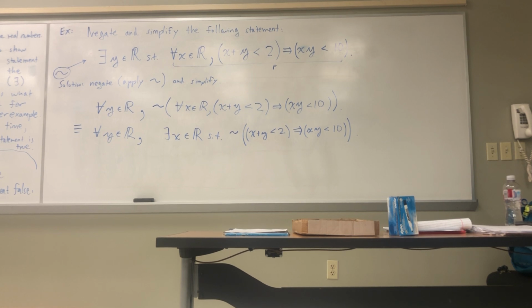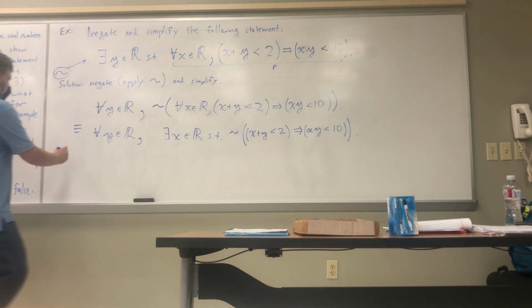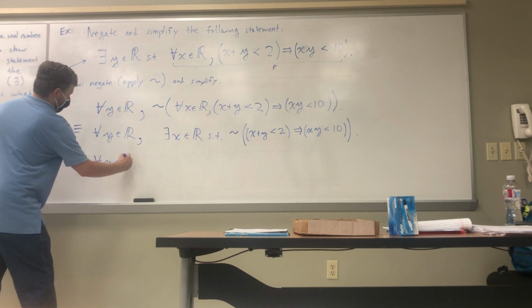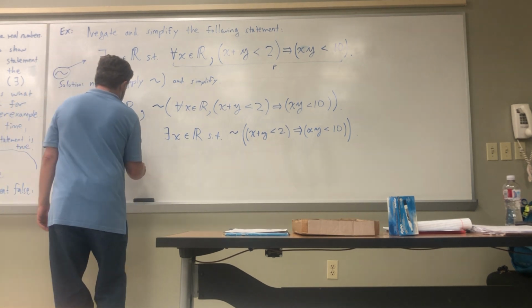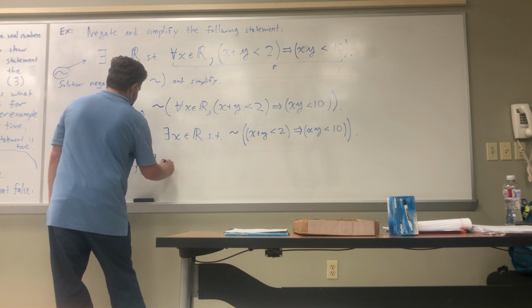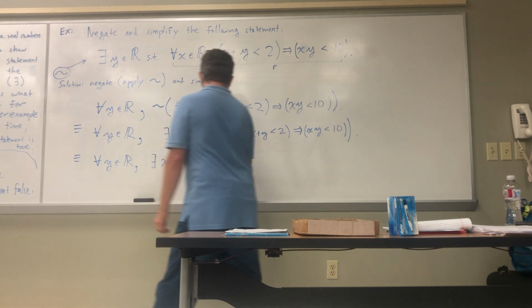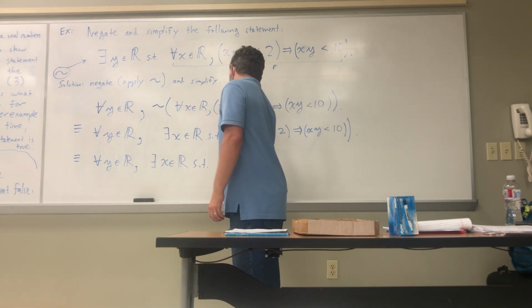I'm going to keep the first half, change it to an and, negate the second half. So just copying, comma, there exists x element of r, such that. Now keep the x plus y less than 2.